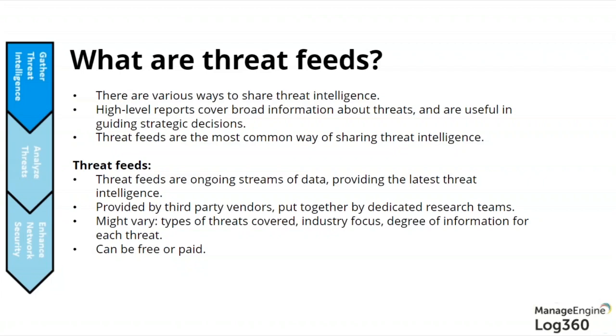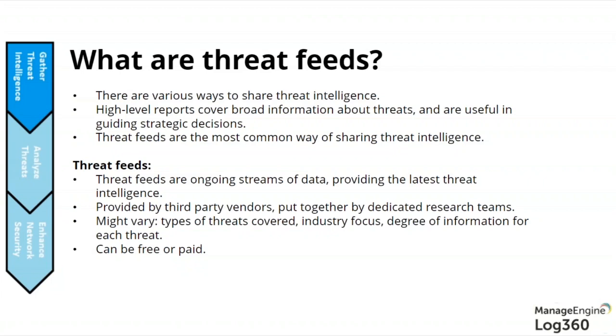Anyway, while high level reports are incorporated by some companies, the most common way of sharing threat intelligence is through threat feeds. Threat feeds are basically ongoing streams of data that provide the latest threat intelligence. It's like your RSS feed or any type of news feed.